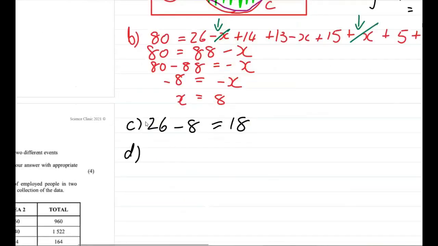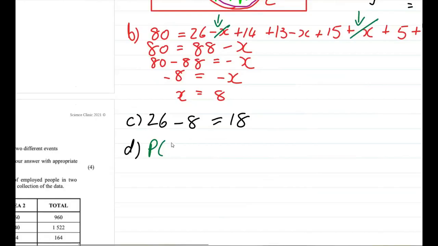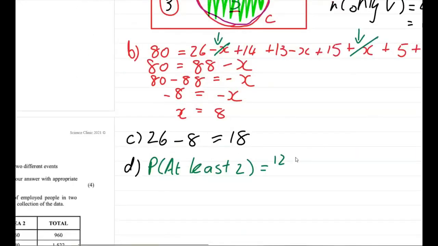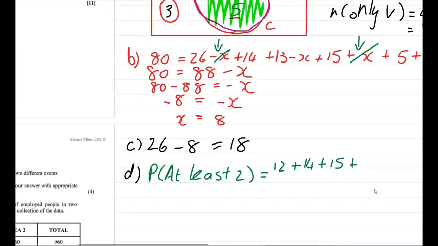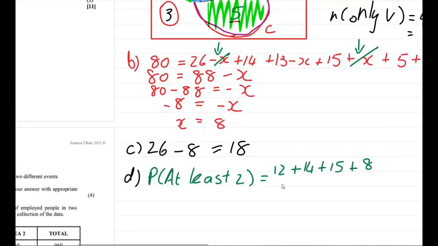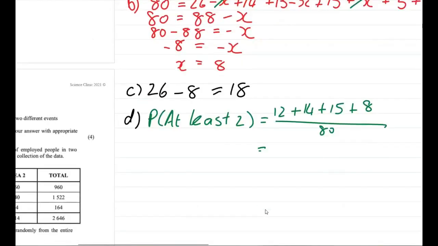So the probability of at least 2 will be equal to what? 12 plus 14 plus 15 plus what? Plus 8. And that'll all be over what? 80. Good.